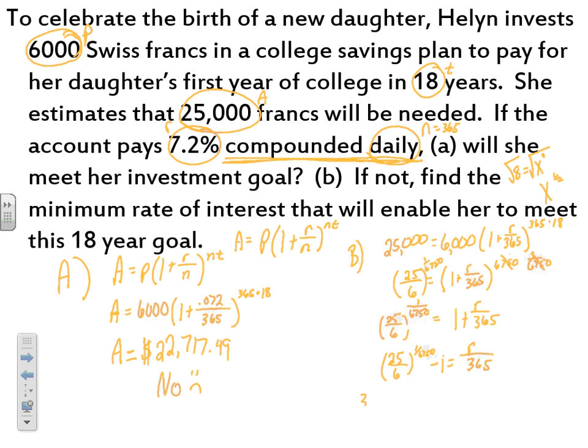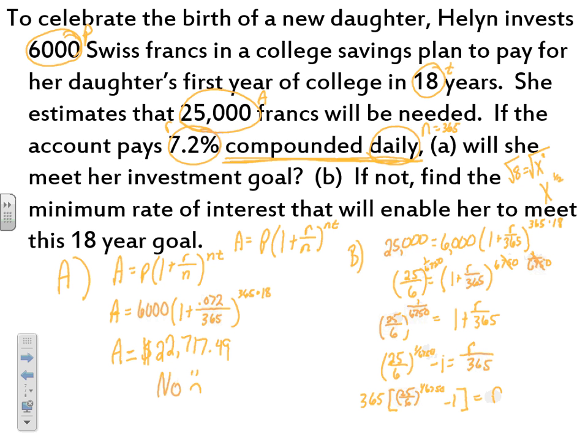So I would have 365 times 25 over 6 to the 1 over 6,750th power minus 1 to be equal to the rate. And that's what we would wind up having to type into our calculator to figure it out. And you may need to practice it a couple of times just to make sure you get the number correct.